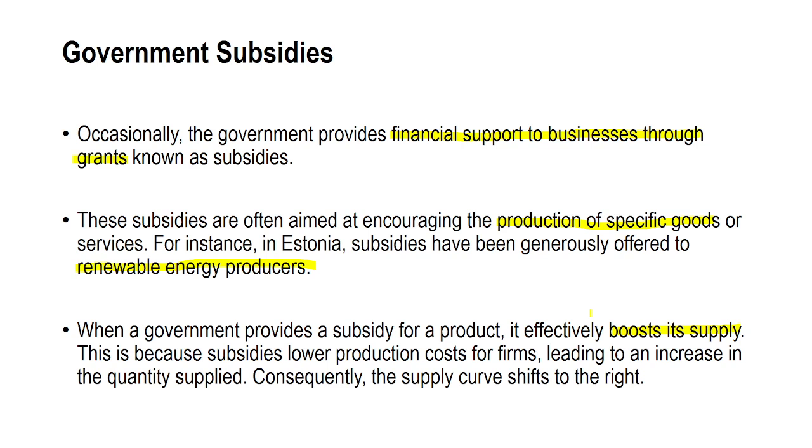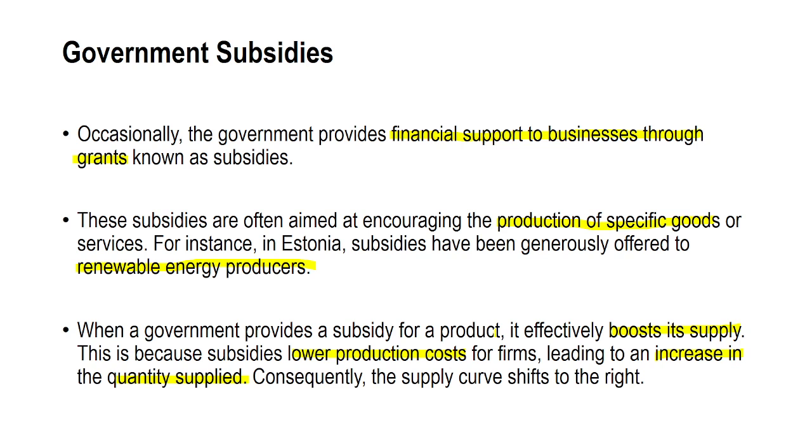This is because subsidies lower production cost for farms, leading to an increase in the quantity supplied. Consequently, the supply curve shifts to the right.